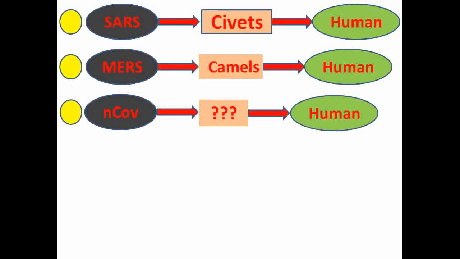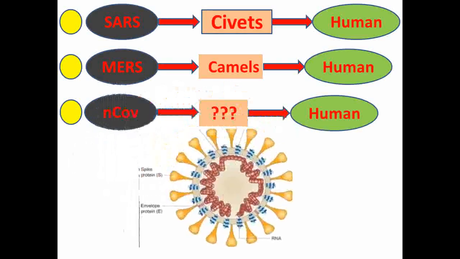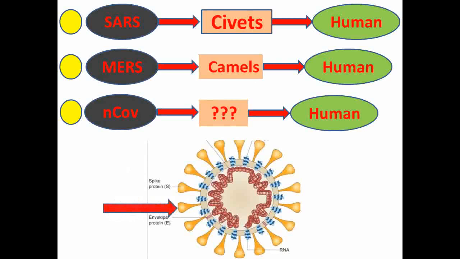to humans. The question that arises: why do scientists and doctors suspect snakes and bats in particular and not other animals? And the answer is there is a glycoprotein on the surface of the virus. This glycoprotein helps the virus to adhere to human cells. So scientists have found this glycoprotein is similar to the glycoprotein of viruses that infect bats.